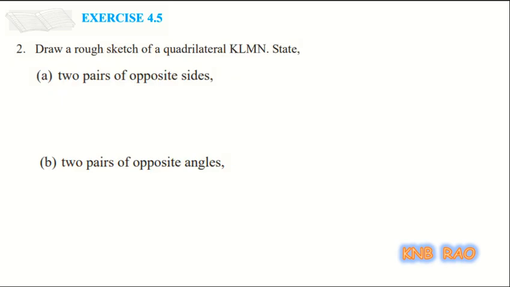Now coming to question number 2. In this question number 2, I have got 2 sub-questions, sub-question A, sub-question B. We are asked to draw a rough sketch of a quadrilateral KLMN, and we are asked to state 2 pairs of opposite sides in it. Let me draw first a rough sketch of quadrilateral KLMN. So I am naming it KLMN.